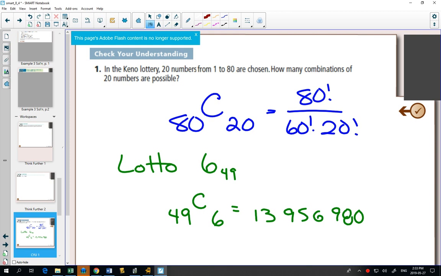That's what my head says is the number. 49, math, choose 6, 1, 3. Oh, I was good up to here. 1, 3, 9, 8, 3, 8, 1, 6. Oh, I think that other number was from something else. We'll find out. Just about 14 million.